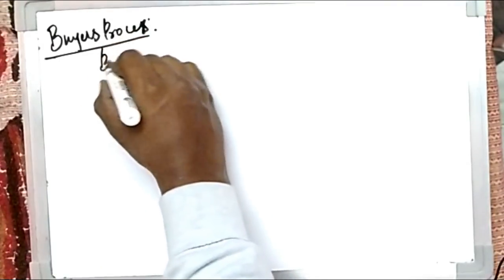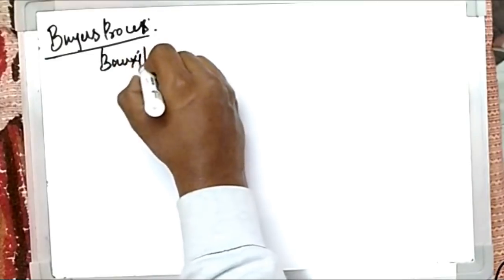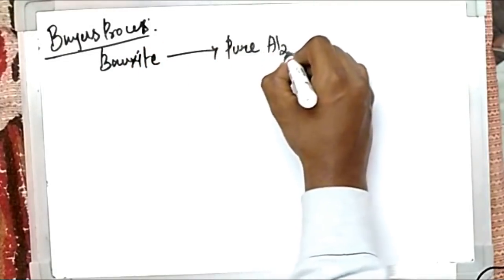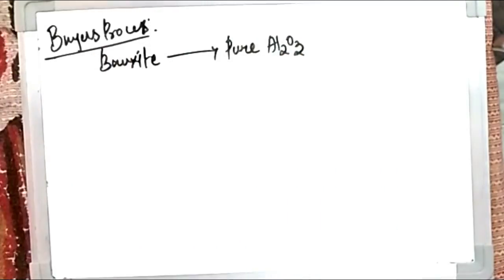As I already said, pure Al2O3 is produced from bauxite. Bauxite is converted into pure Al2O3. This is known as Bayer's process. Now we'll see what this Bayer's process is.